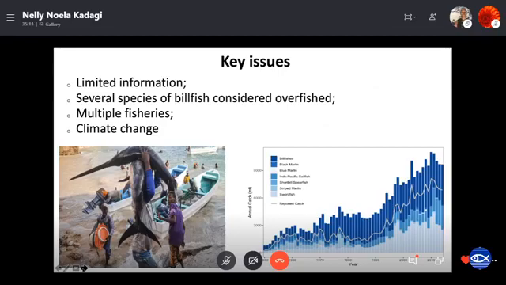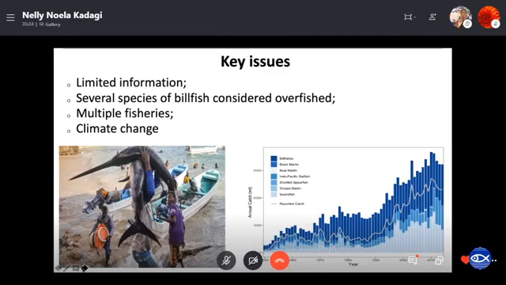And so when we look at these species from a big picture, we are seeing limited information, gaps in whatever we know. We still really don't know how much billfish is coming, for instance, from small-scale fisheries, yet over 65% of small-scale fisheries occupy places like the West Indian Ocean region.